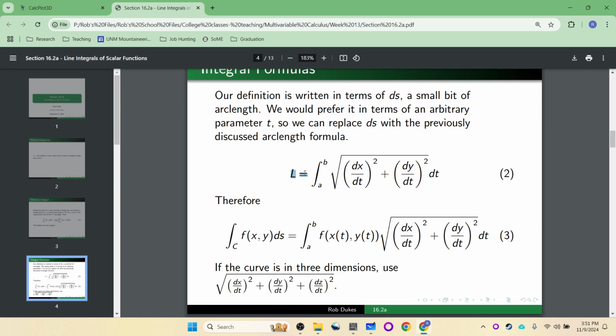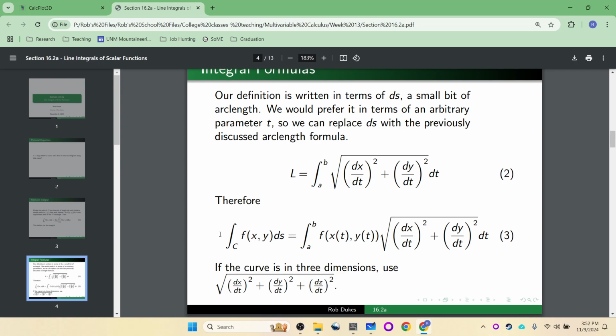The length of any curve is the integral from the start point to the end point, a to b, of the derivative of x with respect to t and the derivative of y with respect to t, both squared, added, take the square root, little Pythagorean theorem here, then integrate with dt.